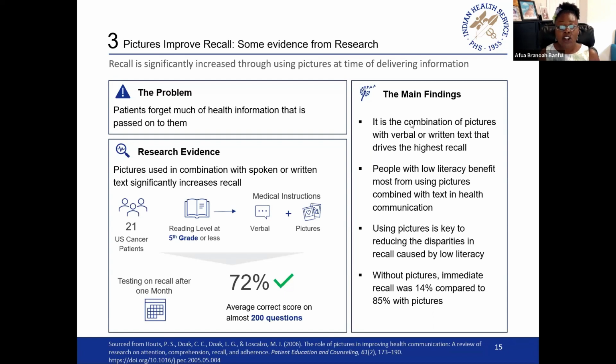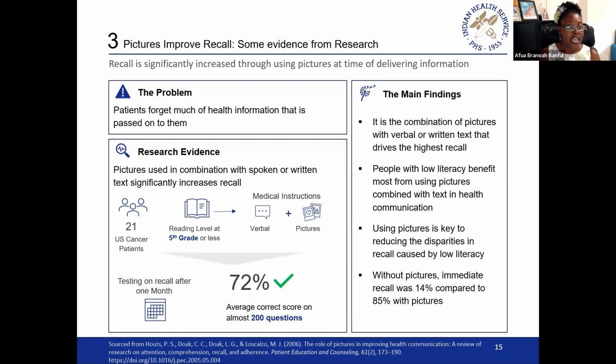Right. So the other thing to note, let me go through these main findings in some order here. It's the combination of pictures with text, verbal or written, that drives the highest recall. You need the words and the picture to drive the highest recall, right? And also very importantly, people with low literacy benefit the most from that combination.